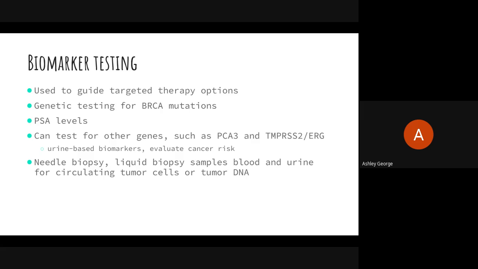It's been studied that it's overexpressed in prostate cancer cells and can be detected in urine samples after the digital rectal exam. The TMPRSS2/ERG, that's a fusion between two genes that also tends to occur in prostate cancer cells. And these biomarkers can help to improve the specificity of prostate cancer detection, especially when combined with other clinical information, such as the PSA levels and the BRCA mutations, as I mentioned before.